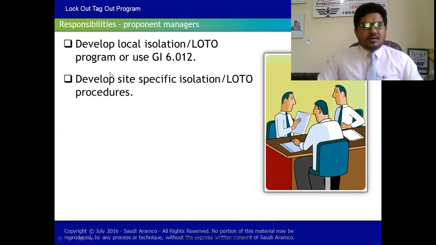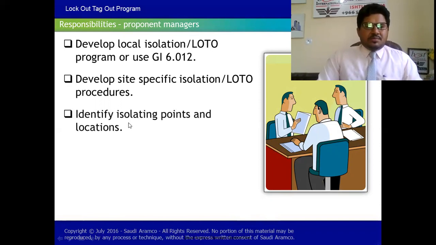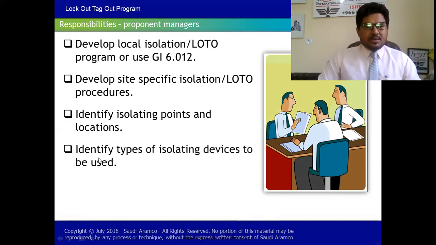The second major responsibility of proponent managers is to develop site-specific isolation lockout tagout procedures, because any program you develop, without procedures, will have no meaning. So you truly need to prepare procedures. The third responsibility is to identify isolating points and locations. And the fourth is to identify the types of isolating devices to be used.